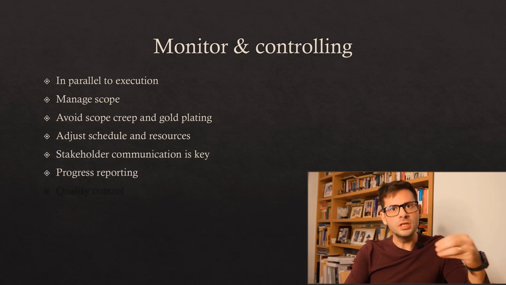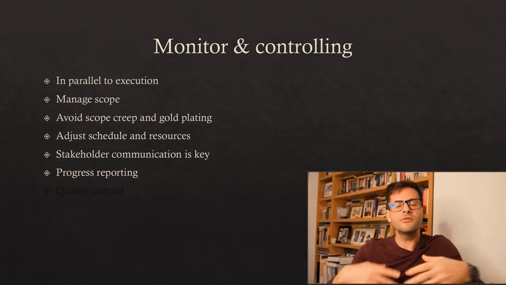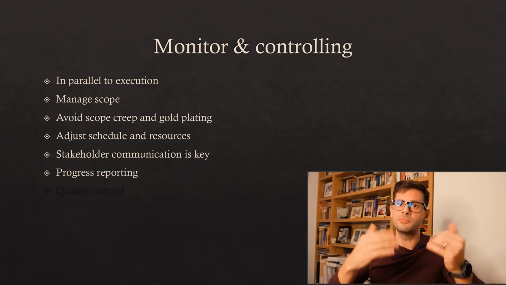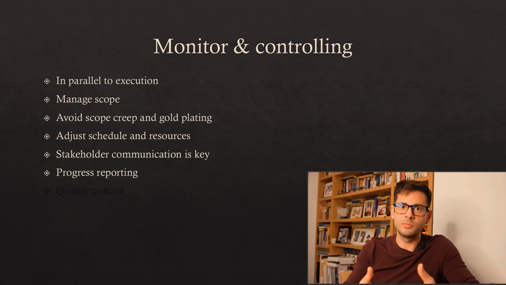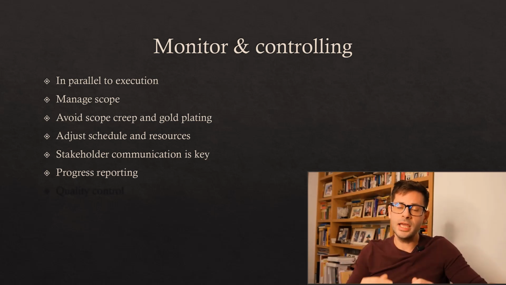We also need to make sure that we're talking with the stakeholders, because everything that we do is communicate. We need to communicate with the people that we've identified that have an interest in our project, where we actually are. How are we progressing? This makes part of the communication plan. This makes part of the stakeholder plan and engagement.